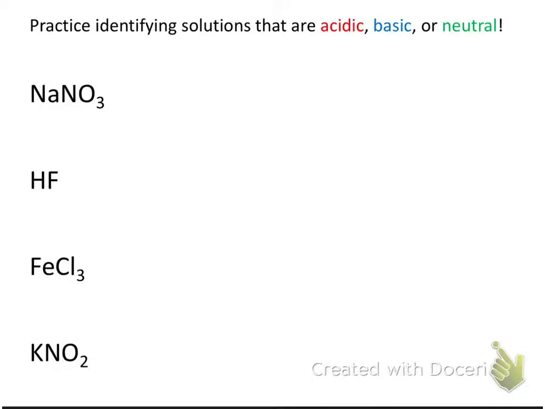Okay, so we're going to go through and identify each of these things. Here we have a metal and a nonmetal, which means we have a salt. Salts are strong electrolytes, generally, well, at least the ones that we're looking at in this unit, that can dissociate completely and form their respective ions. So we've got Na+ and NO3-.